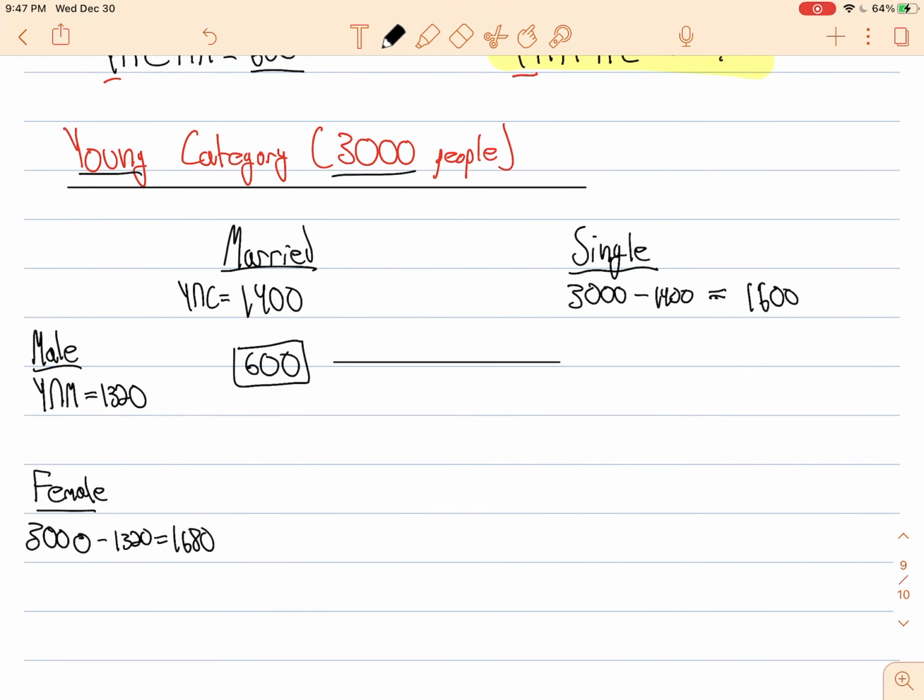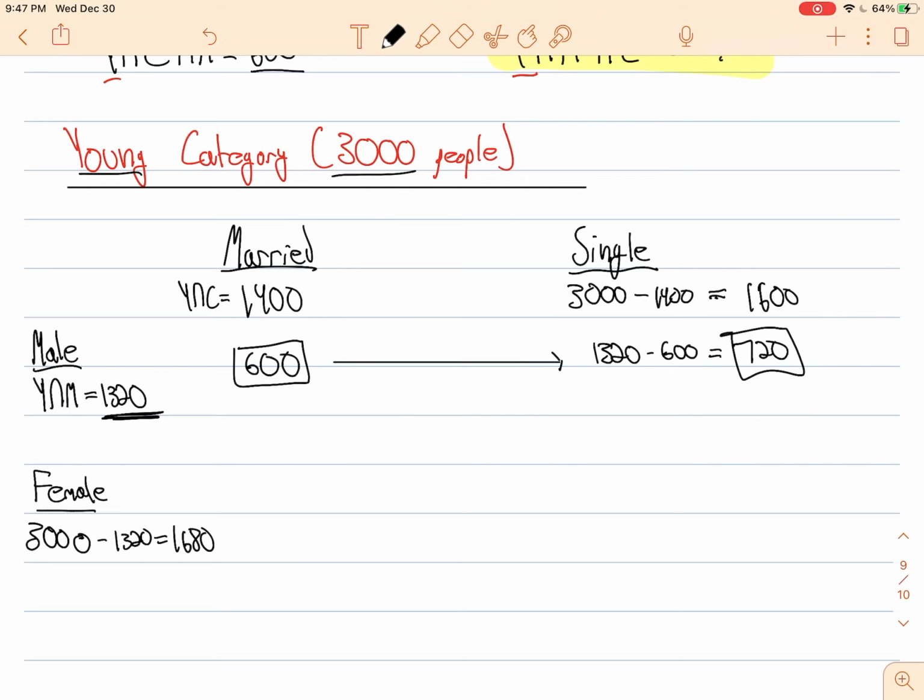So anyway, 600 married males. So how many single males, young single males, are there? Well, we can use the same trick that we used earlier. There's a total of 1320 young males. So that means that 1320 minus 600 will give us the answer of how many young single males there are. And in fact, that is 720.